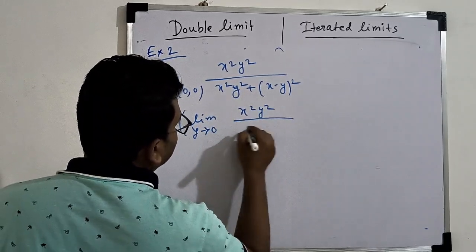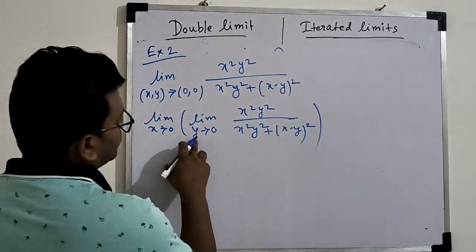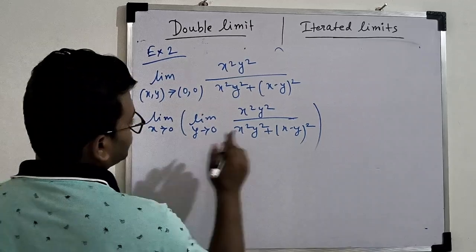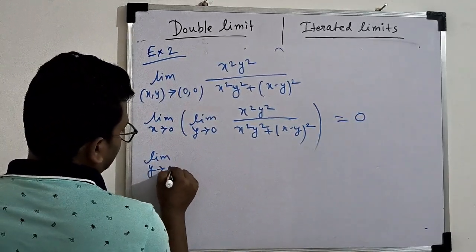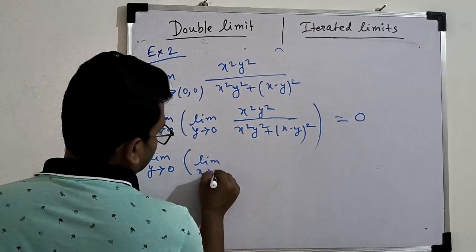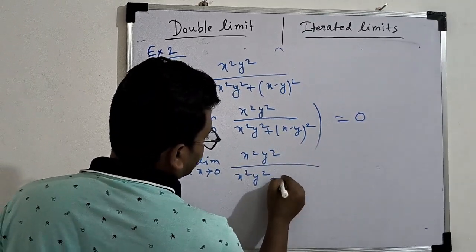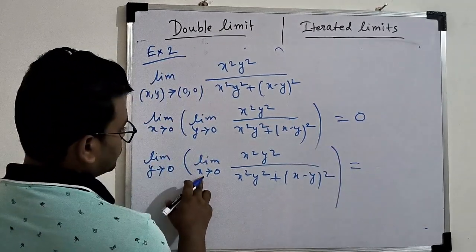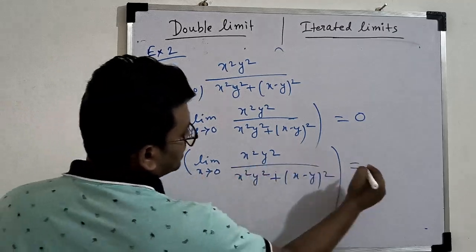If we put y equal to 0 here, the numerator becomes 0, and as x tends to 0, finally we get 0. Similarly, if we put x equal to 0 first, and then y tends to 0, we also get 0.